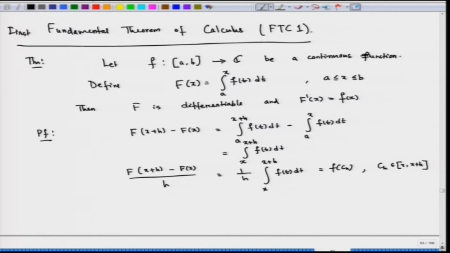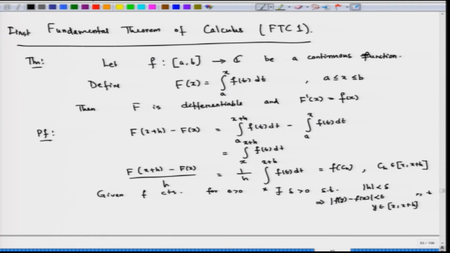As we are interested in taking h goes to 0, and f is a continuous function, given that f is continuous, therefore for every epsilon positive there exists a delta greater than 0 such that mod of h less than delta will imply mod of f of y minus f of x is less than epsilon for y belonging to x minus delta to x plus delta, or rather, for our purpose, for all y belonging to the interval x to x plus h.